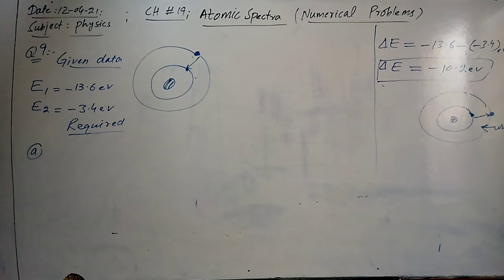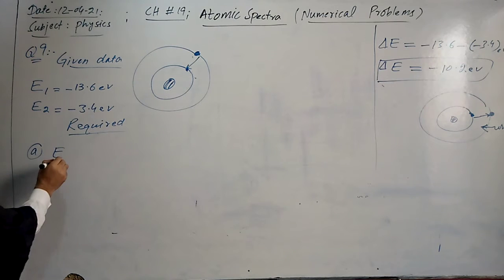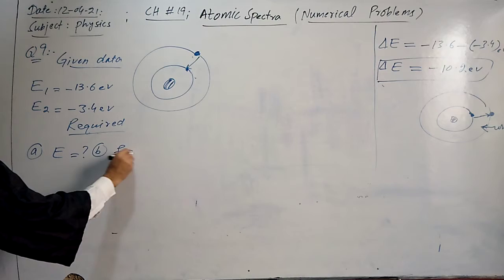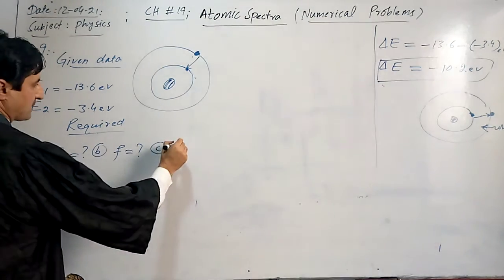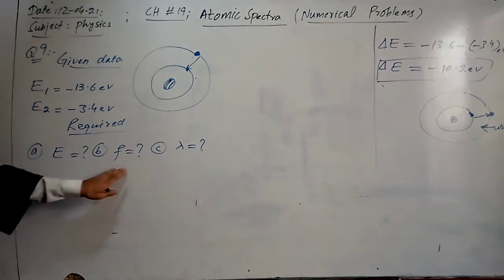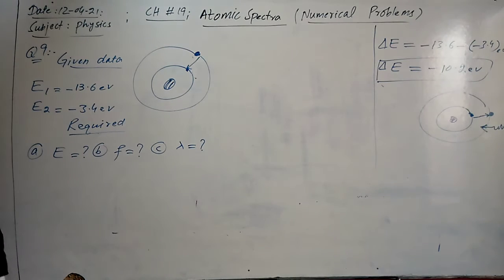We will calculate the energy of this photon when it jumps from the second orbit to the first orbit. Second, we will calculate the frequency of the photon, and third, the wavelength of the photon. So these three things, energy, frequency and wavelength of the photon, are to be calculated, and these two are given.